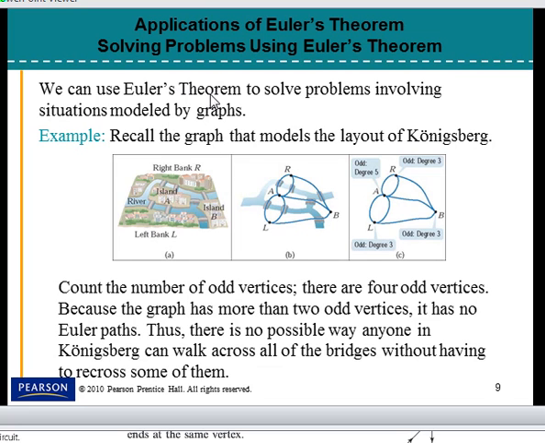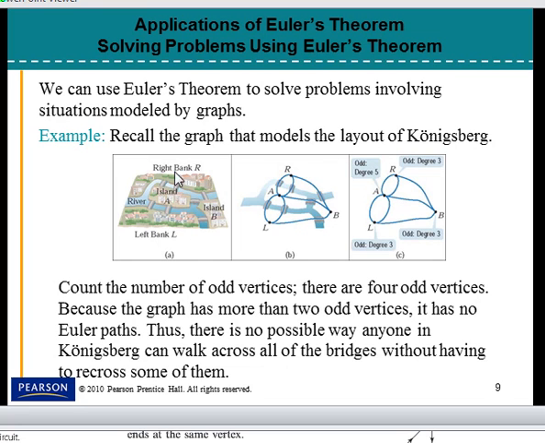We can use Euler's theorem to solve problems involving situations modeled by graphs. So we had this situation here. You have the right bank, you have islands, island A, island B. You have the bridges connecting the islands and so forth.